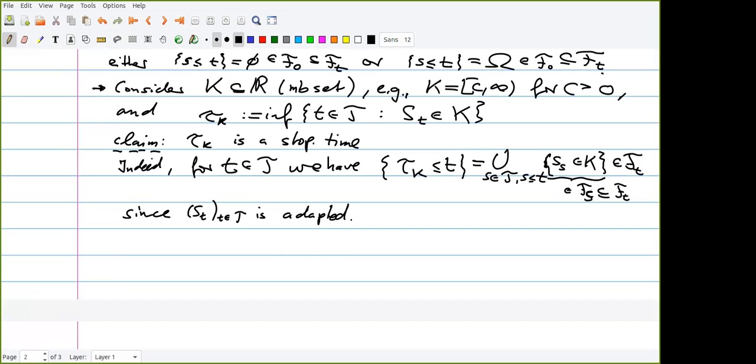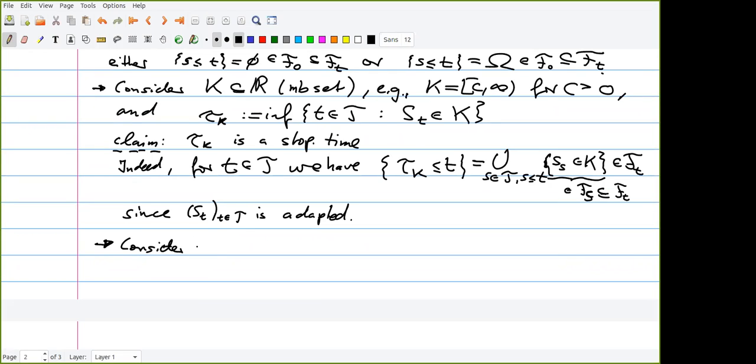Now let me give you an example which is not a stopping time. So this was the first hitting time of the process S hitting the set K. And now we want to consider the last time S is in the set K.